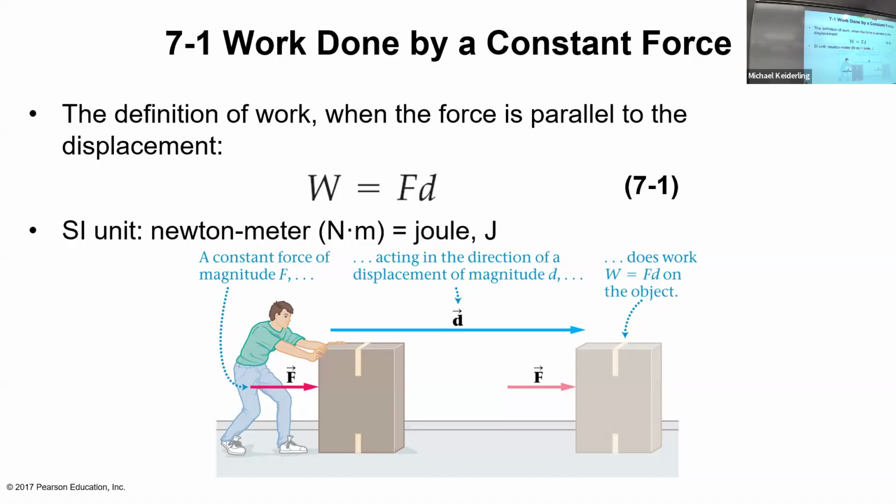The unit of work is newtons times meters. This is joules. The joule is equal to a newton meter, or kilogram meter squared per second squared. And that is a joule.